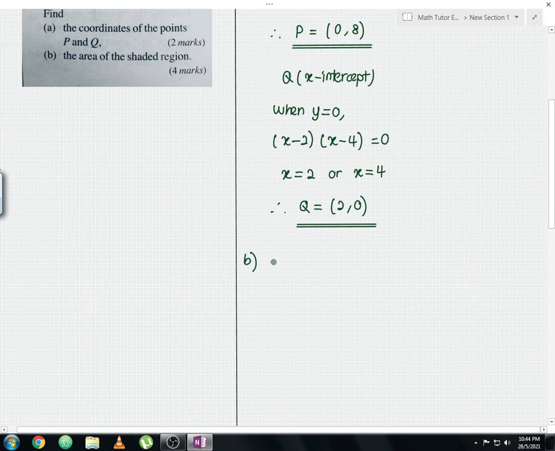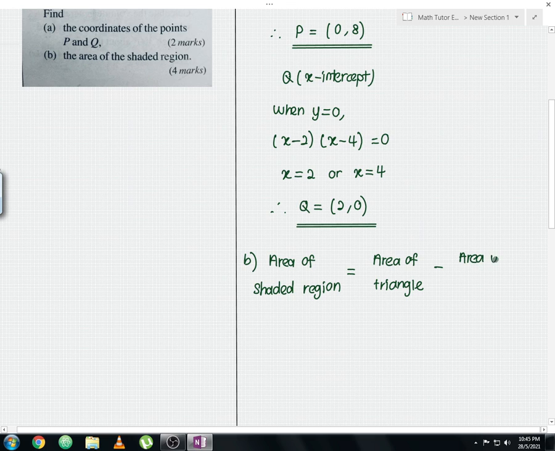Okay, like I said, to find the area of shaded region is equals to area of triangle, and then you minus with area under the curve.